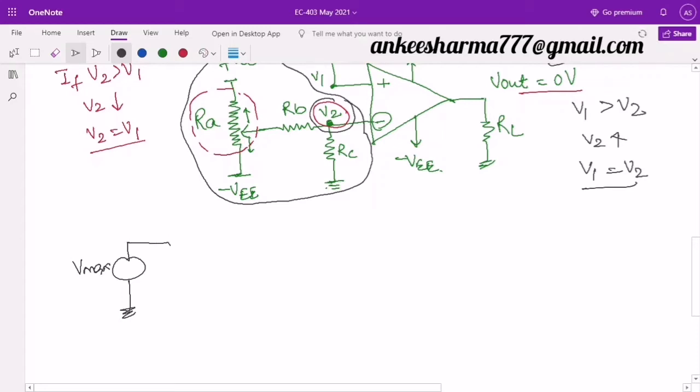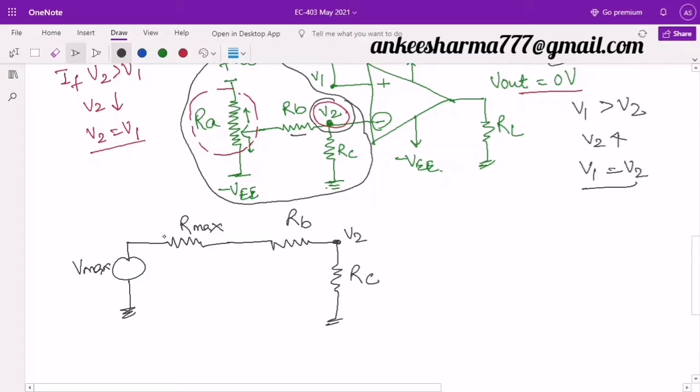And the Thevenin resistance over here will be R max, corresponding to that voltage V max. And we have a resistor there, RB is that resistor, so this will be my RB resistor. And then we have one more resistor RC connected over here. So this will be my circuit now, and this voltage across this RC is V2.